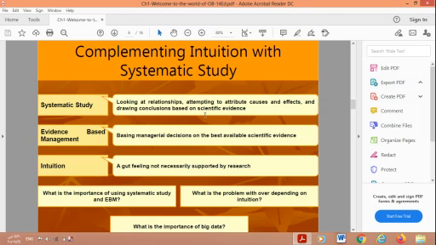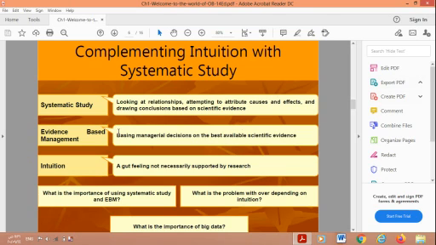So when we use the term systematic study, we mean attempting to attribute cause and effect relationships and basing our conclusions on scientific evidence. And what is scientific evidence? It means we base our conclusions on data gathered under controlled conditions, and measured and interpreted.